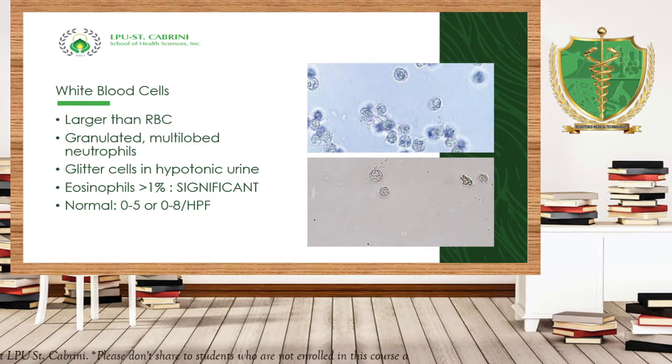No? Take note, this is what I was telling a while ago in the previous video or in part 1 of the video. Eosinophils with greater than 1% is considered significant because that is an indication of what? Allergic reaction or acute interstitial nephritis. Okay?